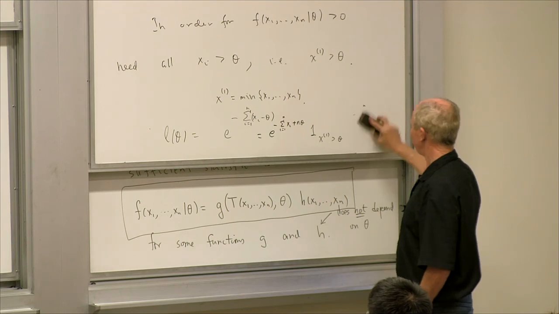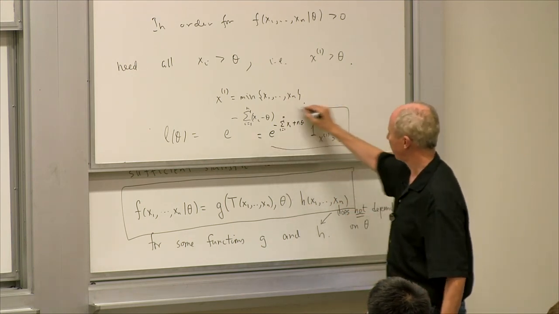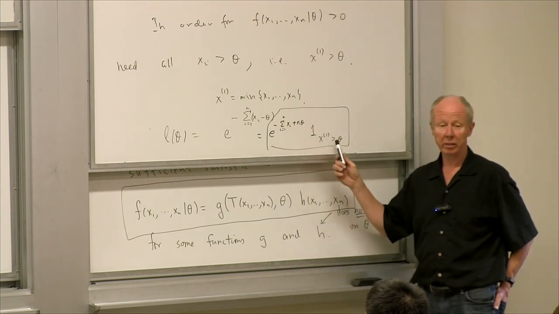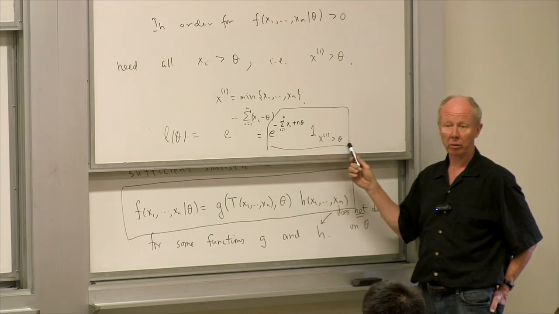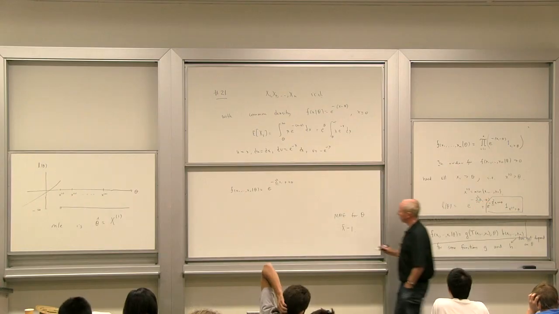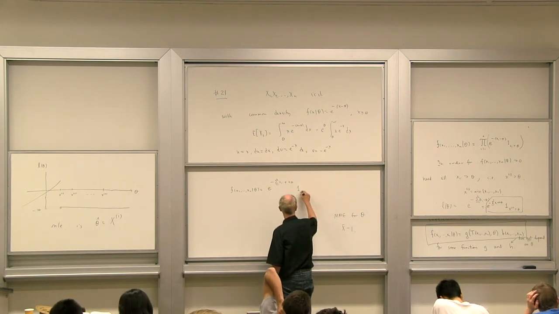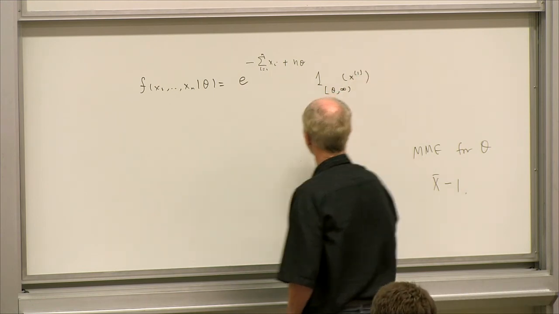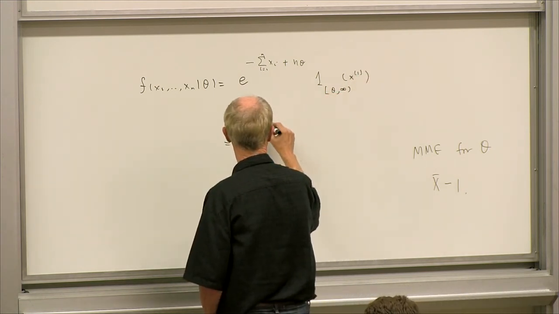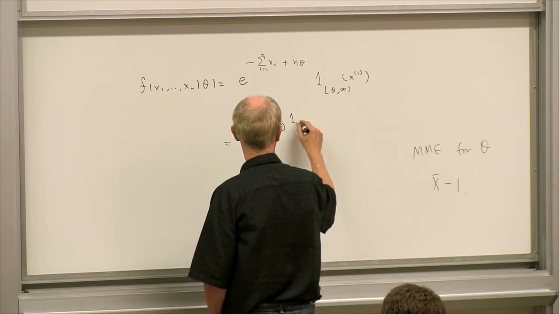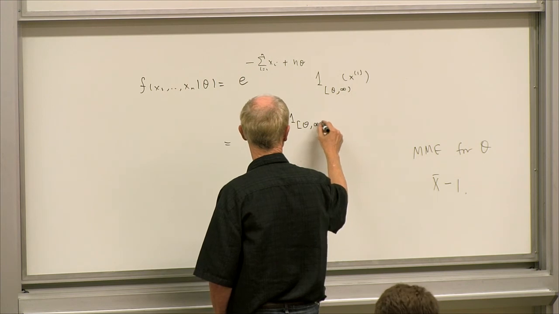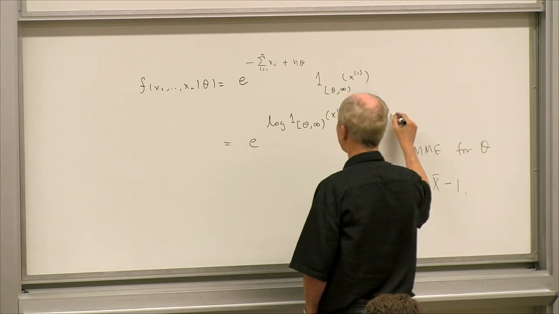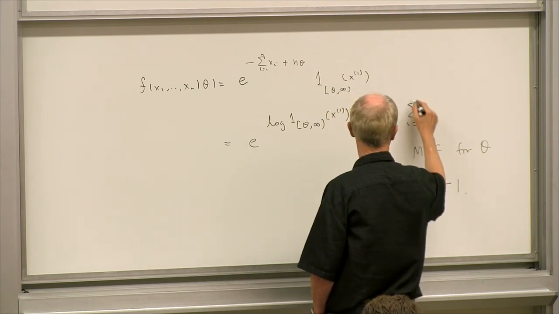I'm sorry, I ran out of room here, but I can rewrite the density this way, because the joint density is 0 when the smallest is smaller than theta. So I put this here, indicator theta to infinity of the smallest. And I can rewrite this as e to the log of the indicator theta to infinity of x of 1 plus n theta minus the sum i equal 1 to n xi.